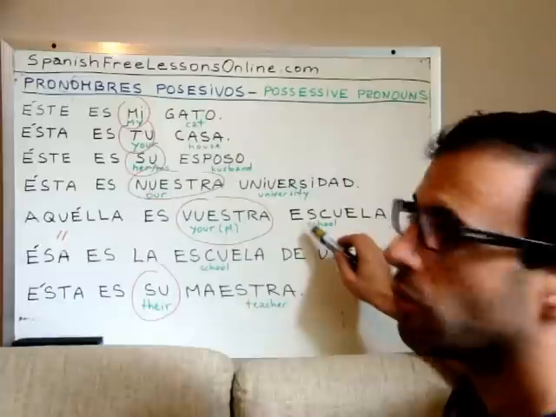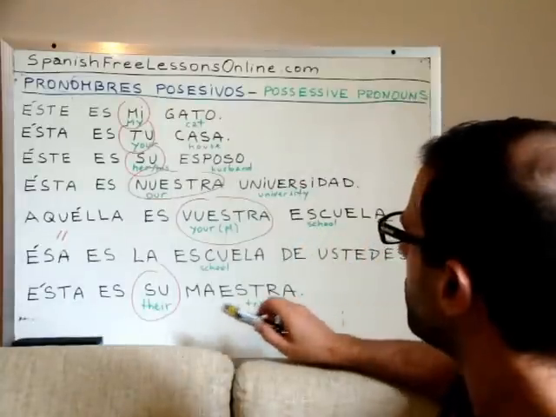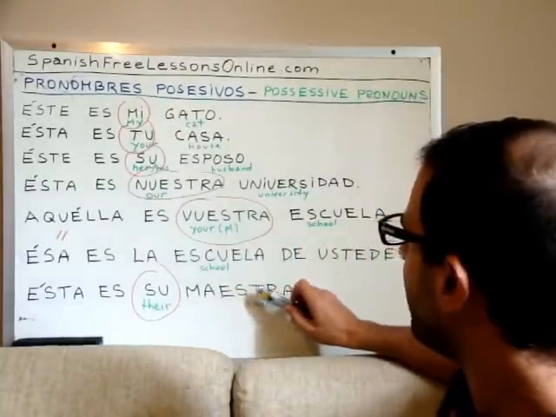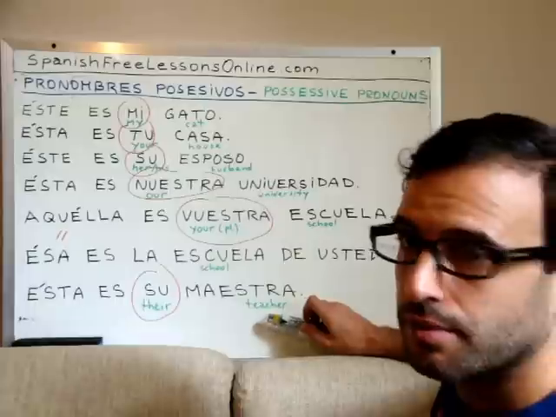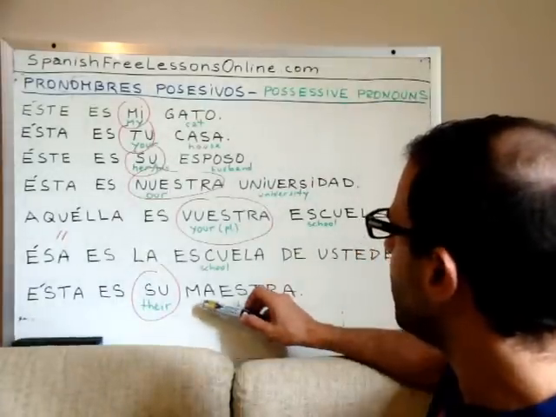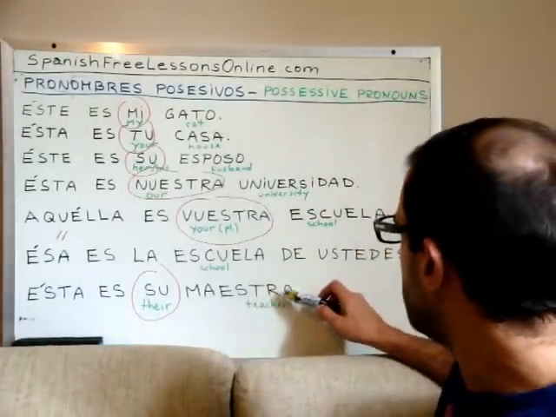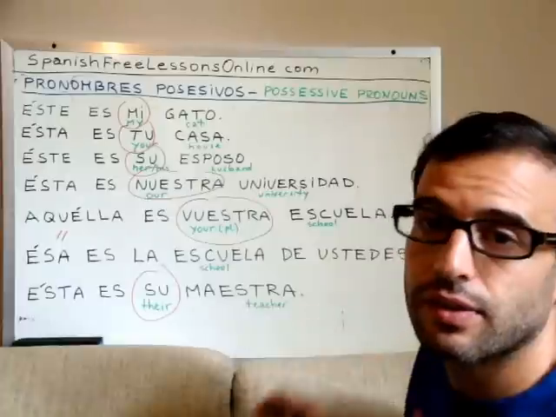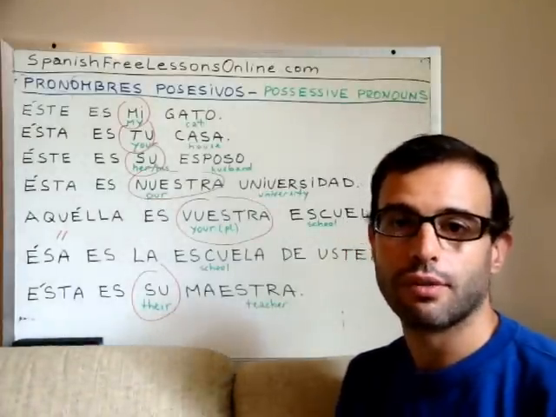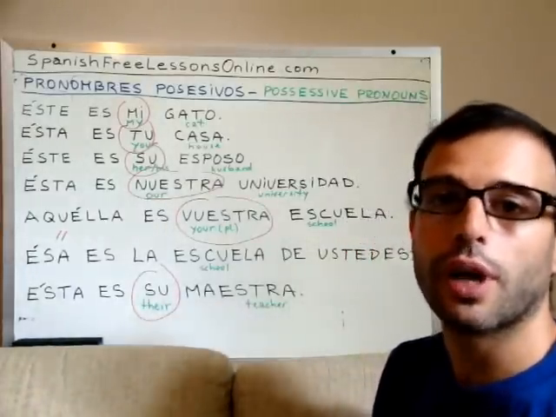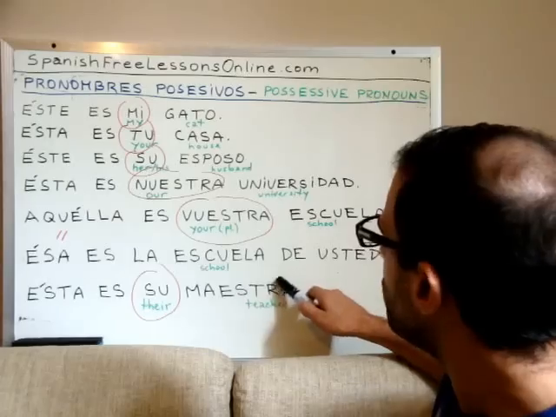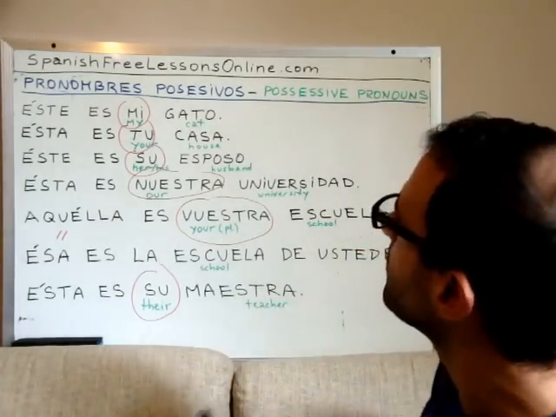Escuela, school. Maestra, teacher. Maestra, you can see it ends with an A. It's a woman teacher, a female teacher. If it were a man, it would be maestro, right?